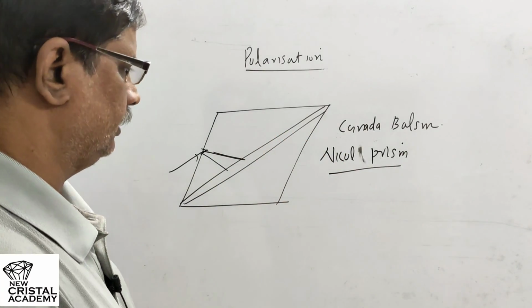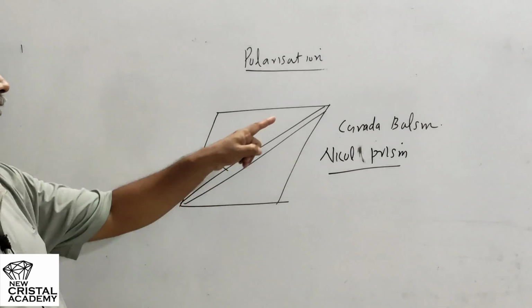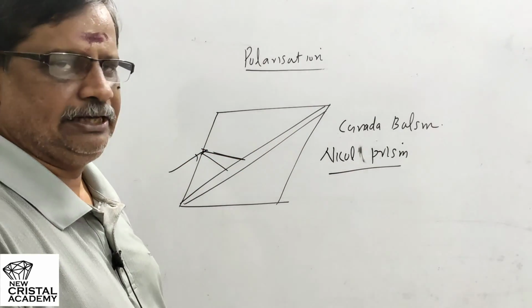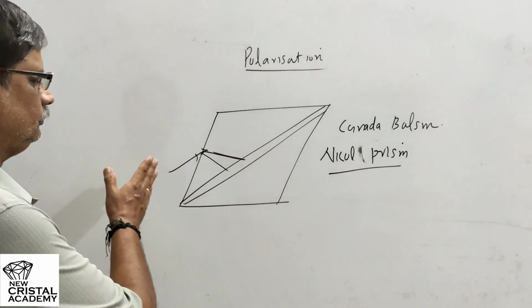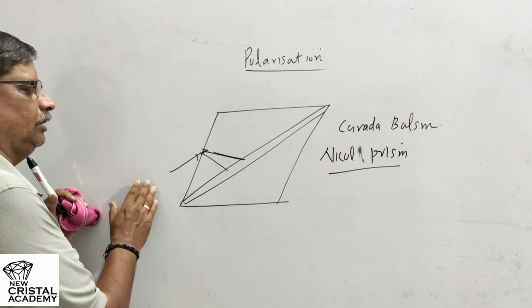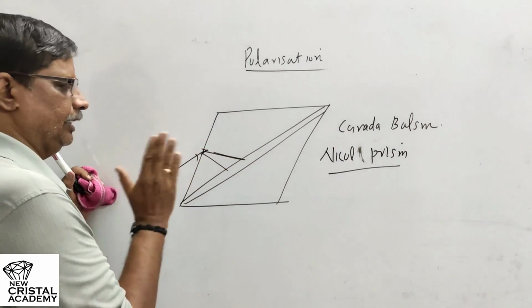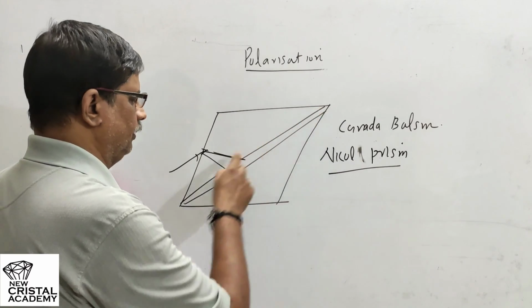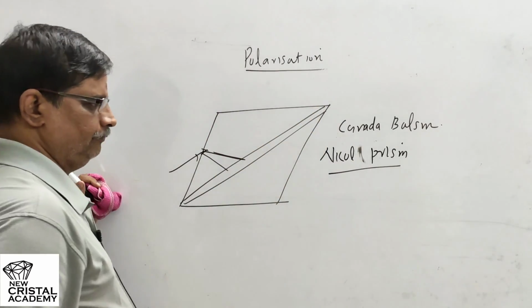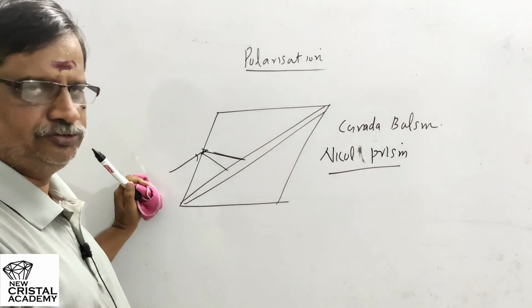And one more property is used here, which is the property of selective absorption. When light enters the calcite crystal, it splits into an ordinary ray and an extraordinary ray, and one of them is removed by the Canada balsam layer. So it is a kind of selective absorption.